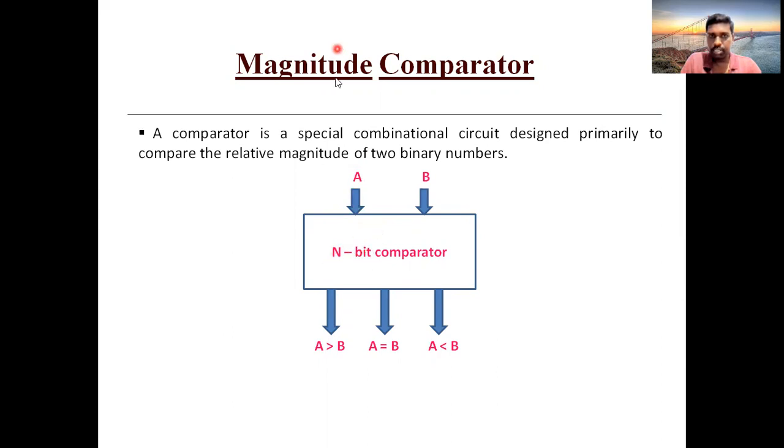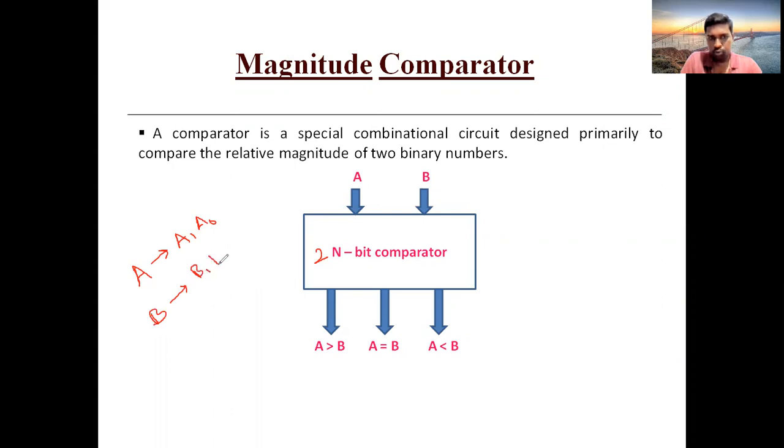Suppose it is a 2-bit comparator, for example. 2-bit means the first input A is written in the form of 2 bits, A0, A1. The second input is also written as B0, B1.